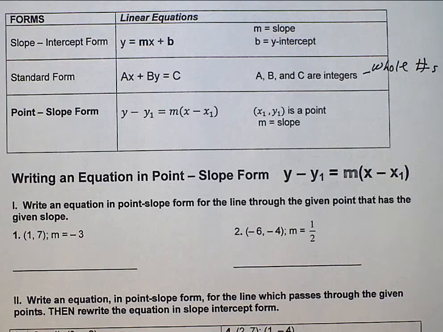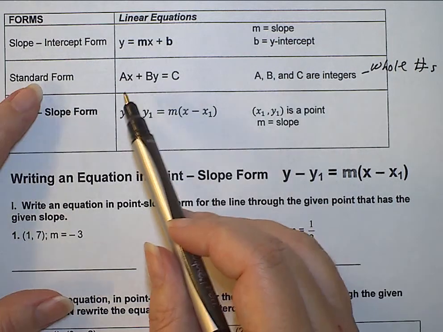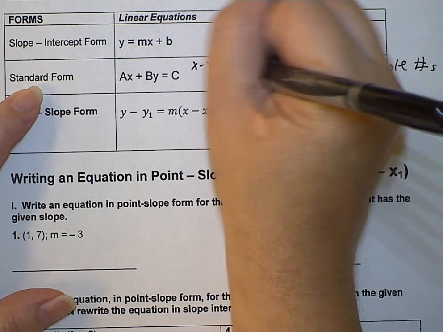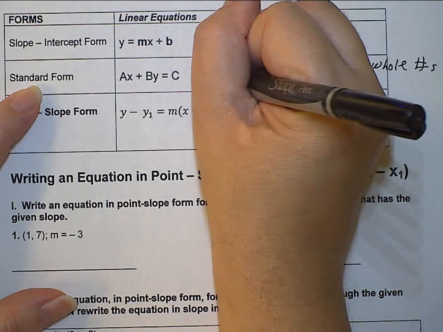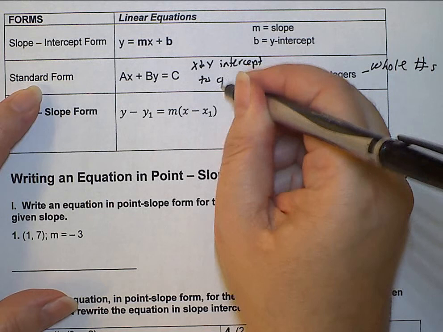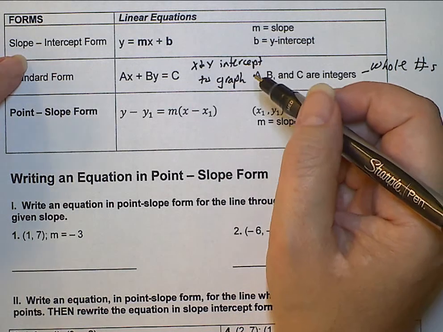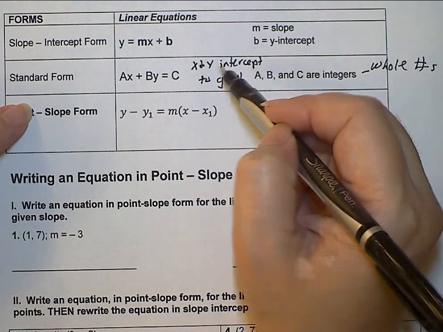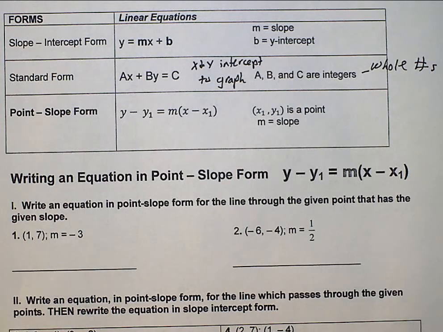And remember, we found our x and y-intercept to graph. So those are the two things. When you take your next quiz, you'll have your slope-intercept form and your standard form, and finding your x and y-intercepts to graph. Today is this new equation, and it actually is quite easy and handy.